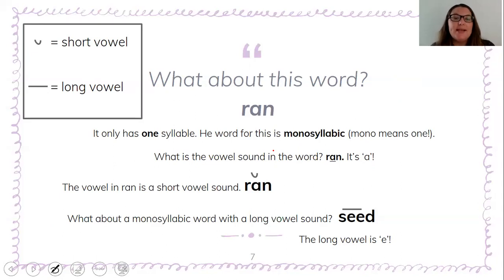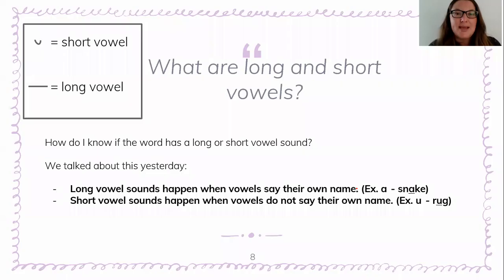So if we had a monosyllabic, 1 syllable, sound with a long vowel sound, an example here is seed, okay? Seed, 1 seed, and we have the E, so we know it's a long vowel sound, okay? Hopefully that makes a little bit of sense. Now remember we talked about long and short vowel sounds yesterday. So a long vowel sound happens when the vowels say their name.